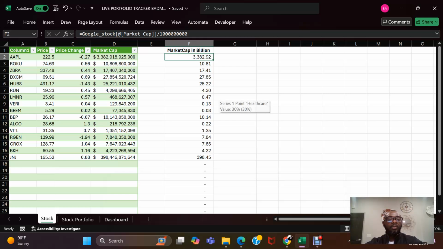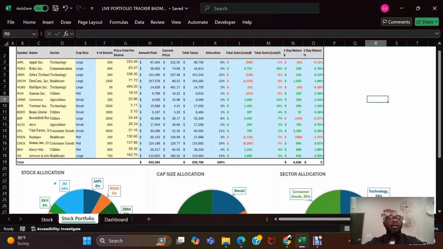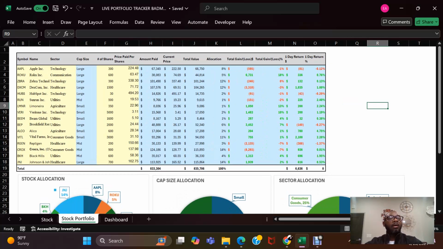So now I take us from here to the portfolio itself where I did all my calculations. These are the symbols for the stocks. These are the different names and the various sectors.